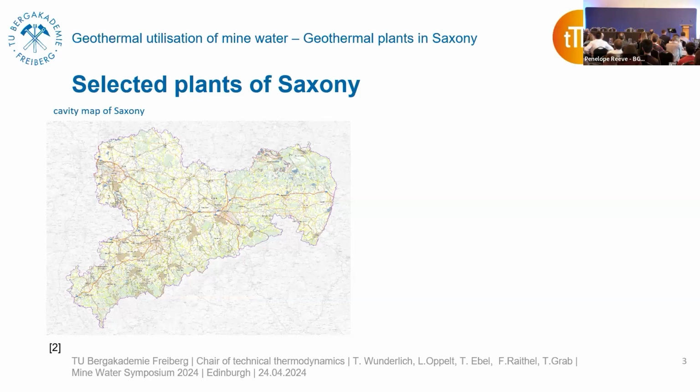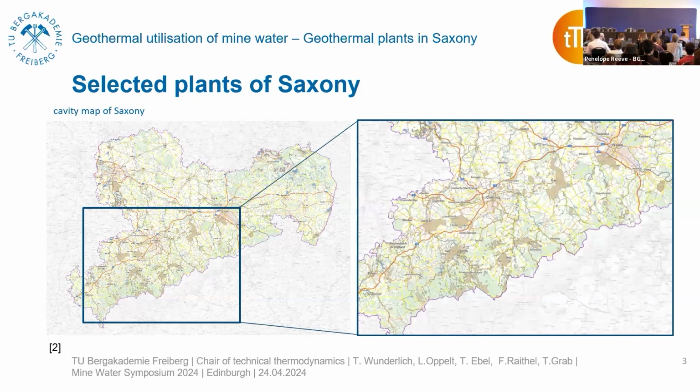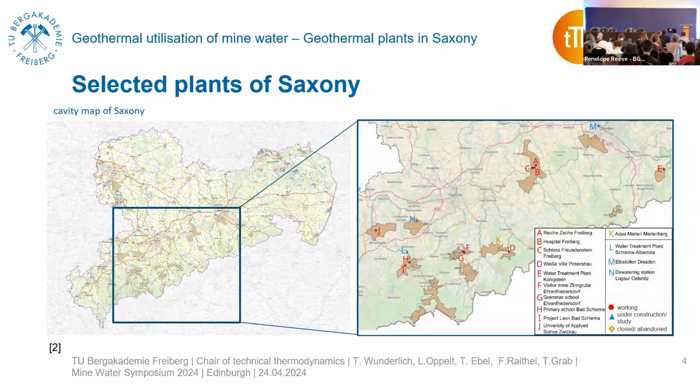And we are focusing more on the south of Saxony, near the Erzgebirge, the former mining area, more like this area. These bigger brownish dots or areas are the biggest mining areas in Saxony, and you can see red dots, blue ones, and yellow ones.